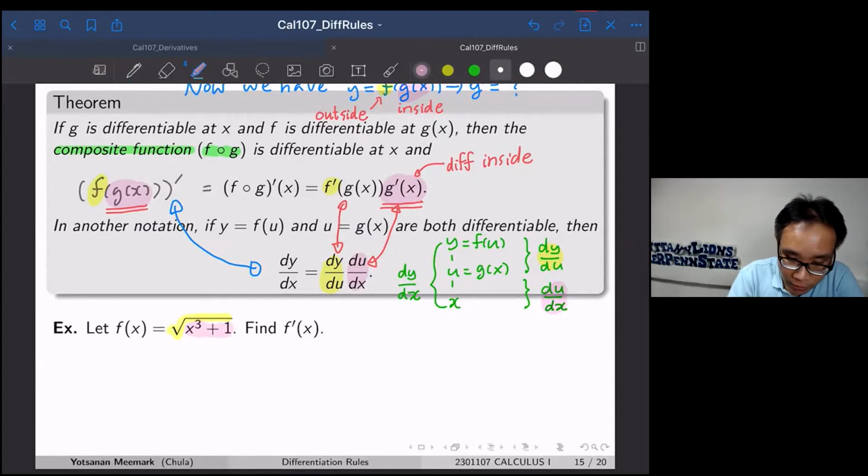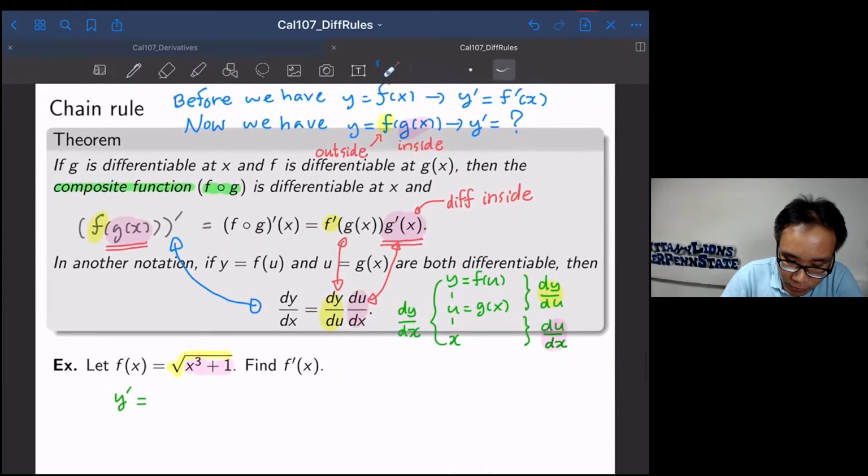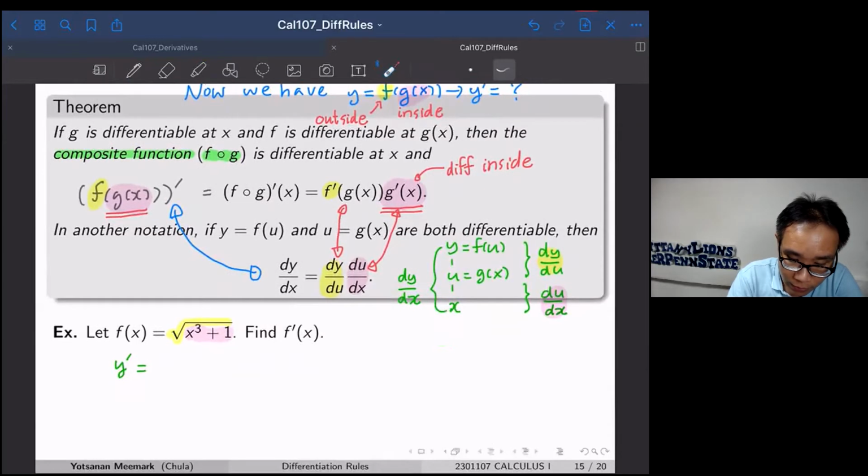So to differentiate, y prime according to the chain rule, you need to differentiate the yellow guy. Let me write the solution in a way that you dip the yellow guy.